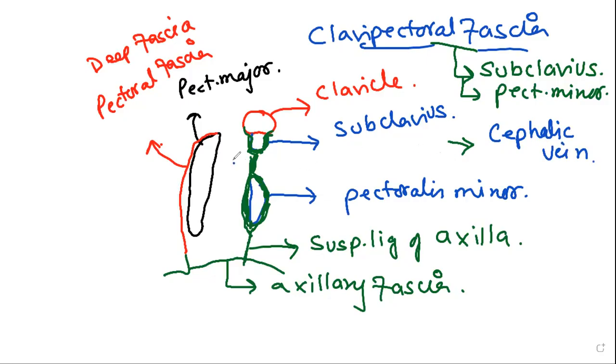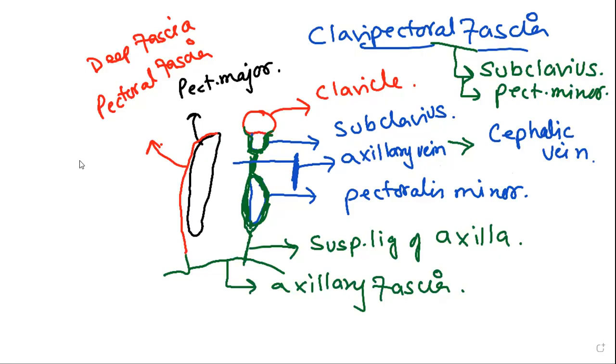See here. The cephalic vein is piercing the clavipectoral fascia and now it is draining into this vein. Because it is in the axillary region, this vein will be your axillary vein. So the cephalic vein is draining the blood into the axillary vein. So first is your cephalic vein.